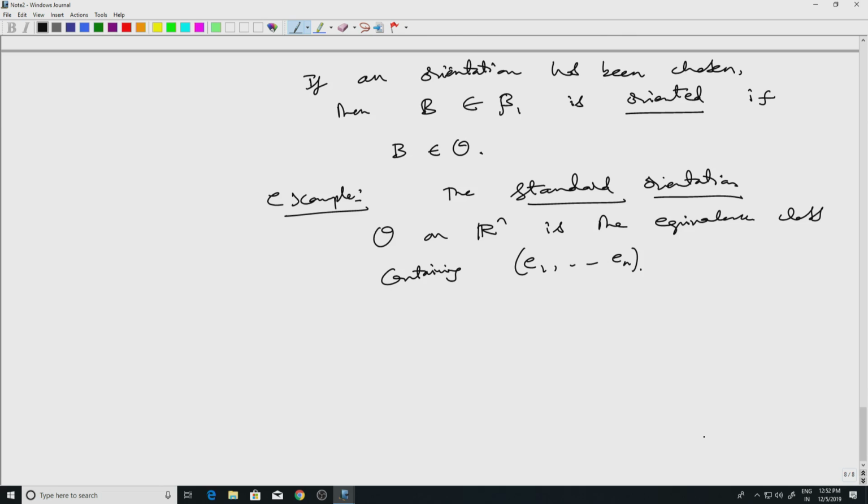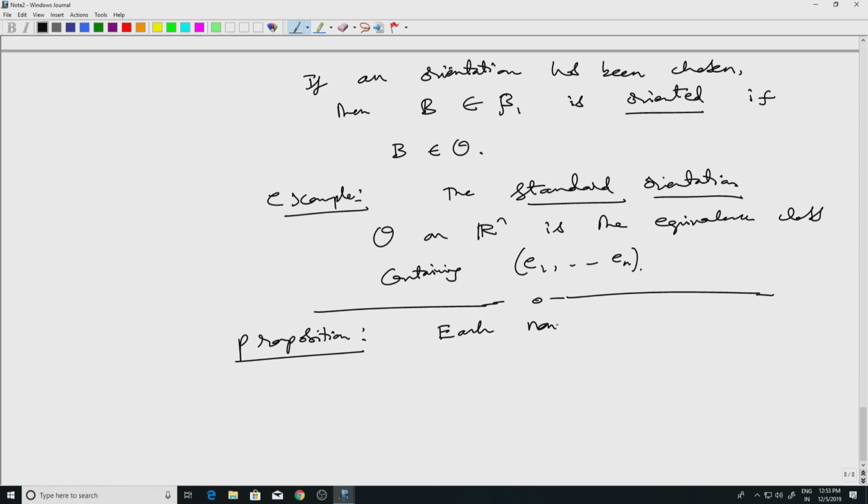Right. Now, there is a very nice way of relating this concept of orientation to differential n forms on V. So, proposition: each non-zero omega in A^n(V), alternating n forms on V, determines an orientation on V. Let's denote this by O subscript omega.